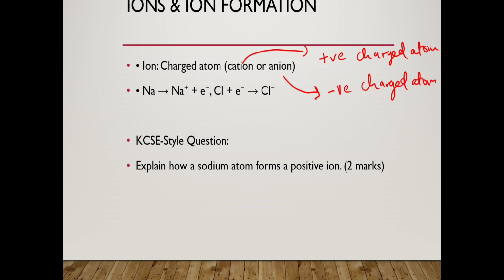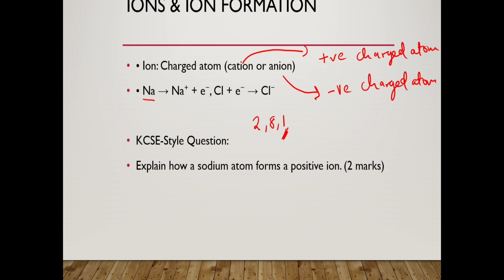Okay, so let's take an example of sodium. Sodium's electronic configuration is written as 2, 8, 1 because it has an atomic number of 11. So you just look at the last one. Atoms usually have a tendency, in a reaction, of either losing or gaining electrons.